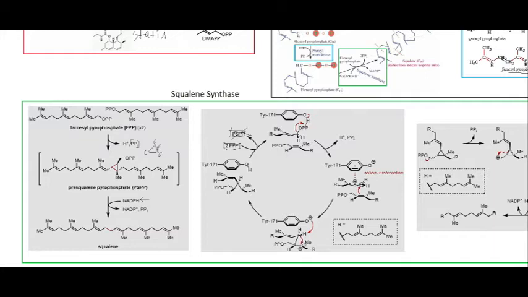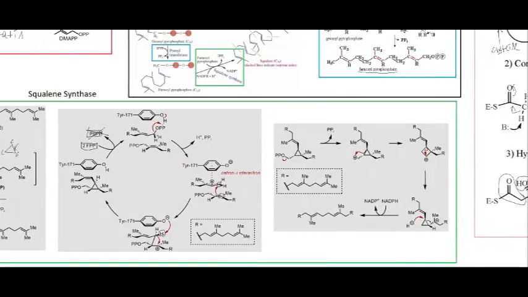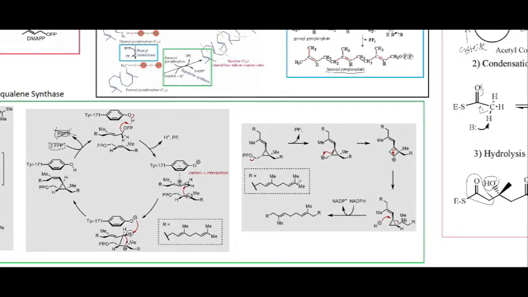This positive charge is now on this carbon here. This tyrosine is now deprotonating this carbon off of here, and the electrons, the negative charge on here, will come down and bind to the positively charged carbon here, forming this three carbon ring. And that is our pre-squalene pyrophosphate.